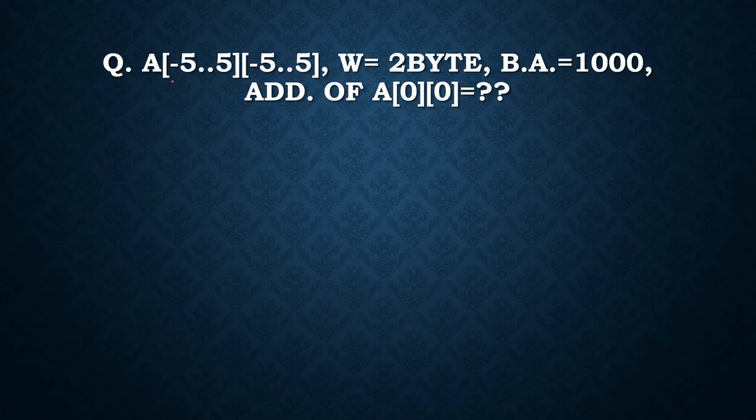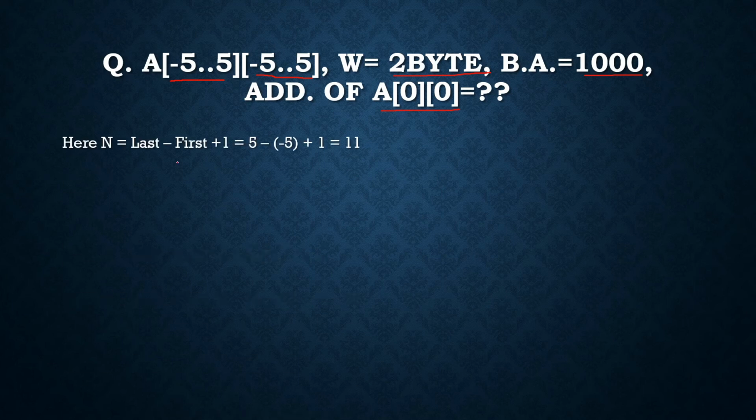So here is a question to find the address in a 2D array. Here the range is -5 to 5 and -5 to 5, where bytes are 2 and the base address is 1000, and we want to find the address of A00. First of all, you have to find out how many rows and columns are filled, how many elements are filled.